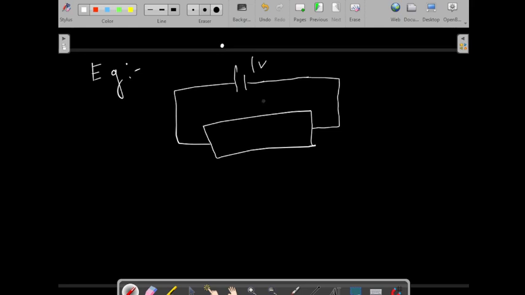So here the voltage will rise. It is plus, it is negative. I take three points, A, C, and B. The magnitude of this battery is 1 volt.